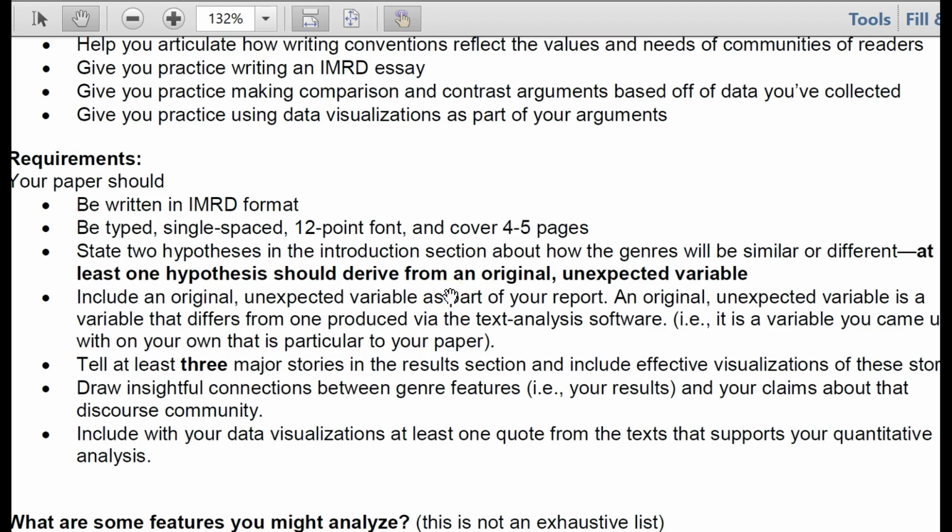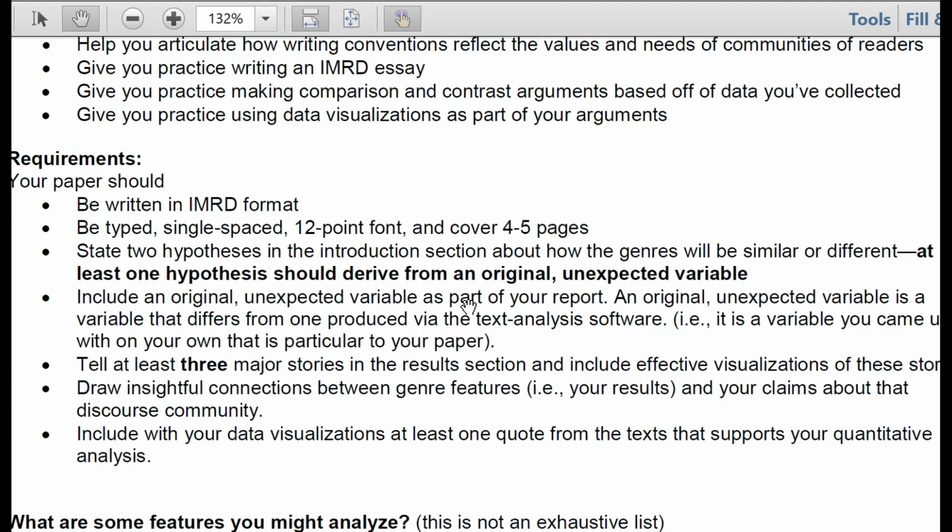One maybe looking at the Gunning-Fog readability index, another looking at sentence length, and another looking at lexical density. All of those are different ways of measuring sentence complexity and language complexity, and they would all speak to one hypothesis. So you can have multiple visualizations that discuss one particular hypothesis.